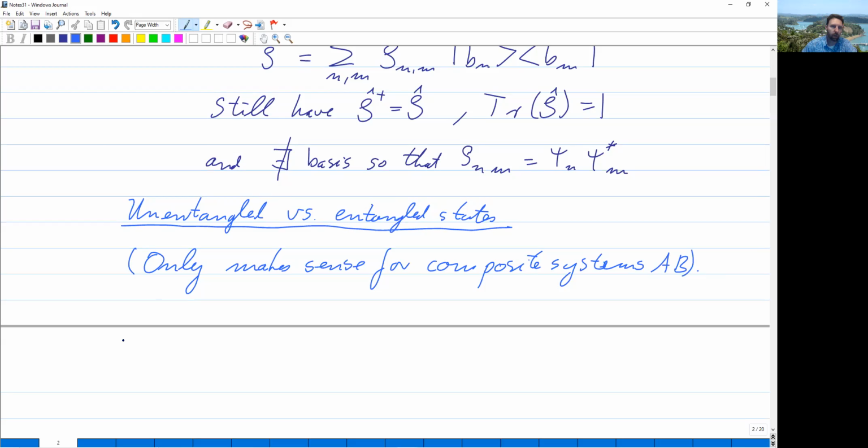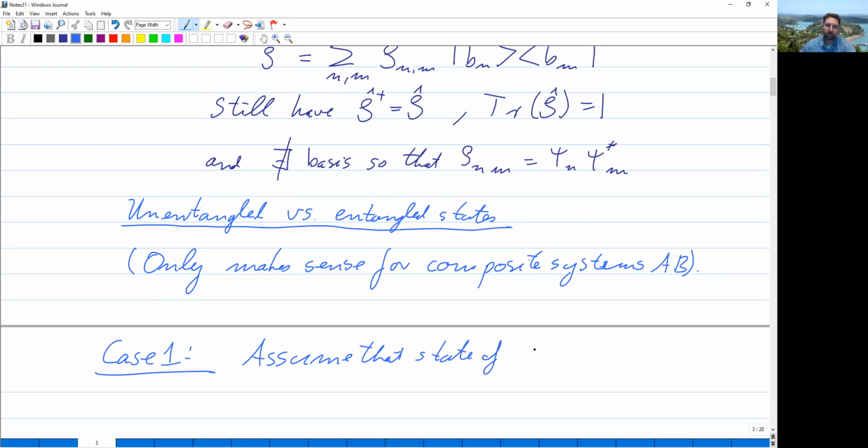Now, case one. Assume that the state of the composite system AB is pure.